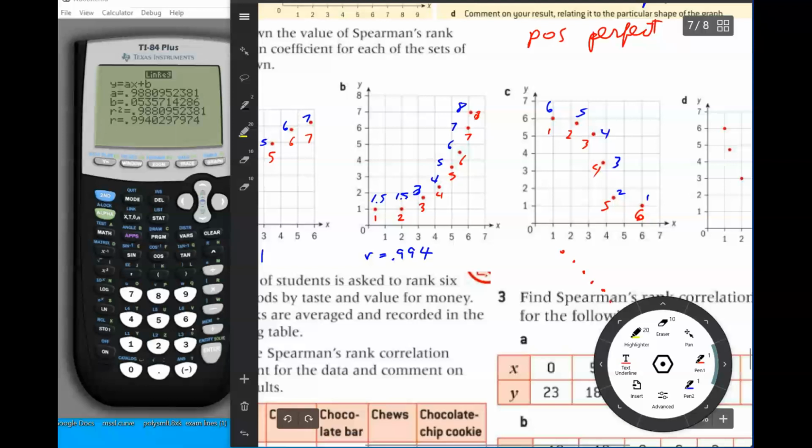So it would be a line with negative perfect correlation. So it would be R equals -1, right? Because one goes in the opposite order of the other.